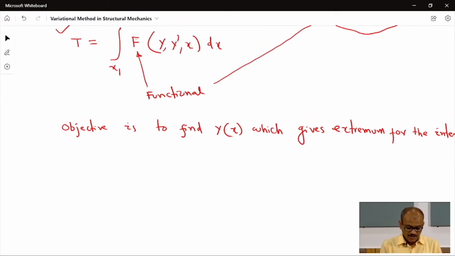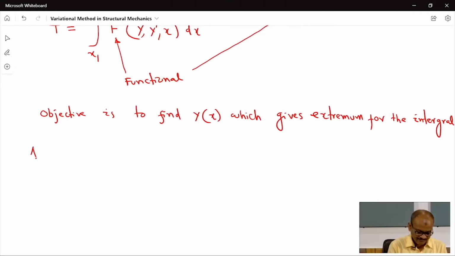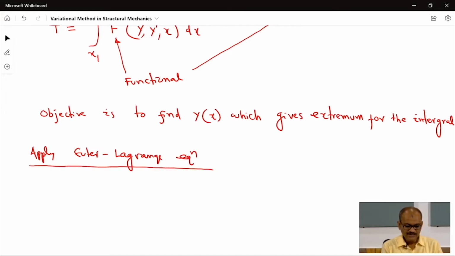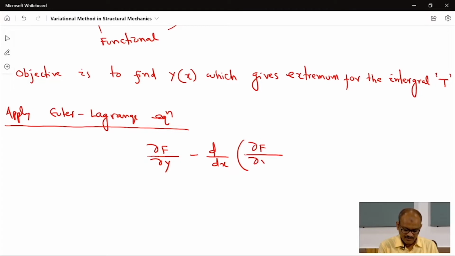So we can apply the Euler-Lagrange equation. How is it? It is del f by del y minus d by dx of del f by del y dash.